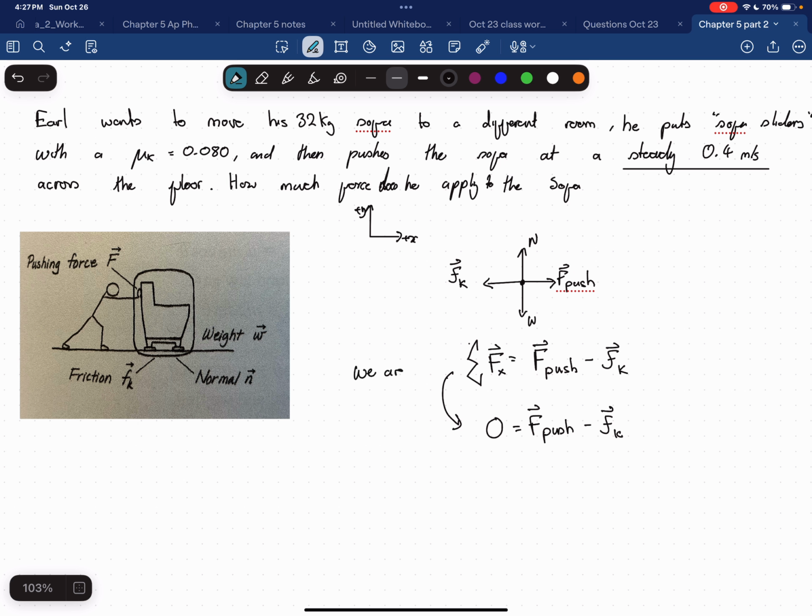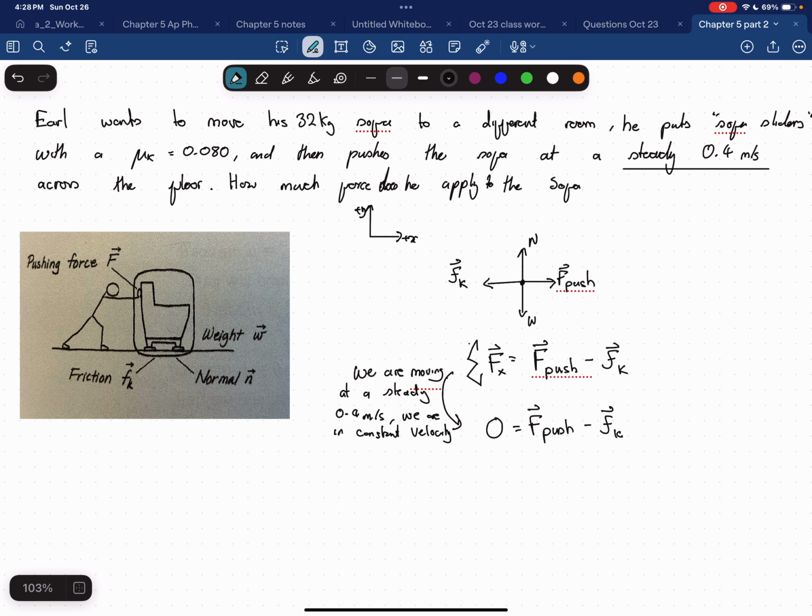We are moving at a steady, these are the words, 0.4 meters per second. We are in constant velocity. So the sum of forces in the x direction will be 0. We want to know how much force he applied to the sofa, so that's F push.